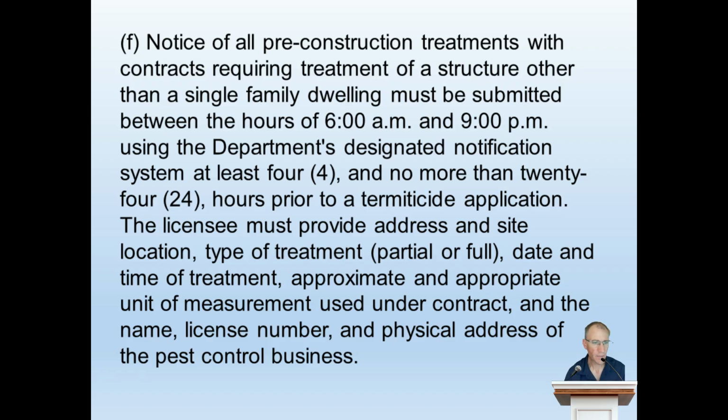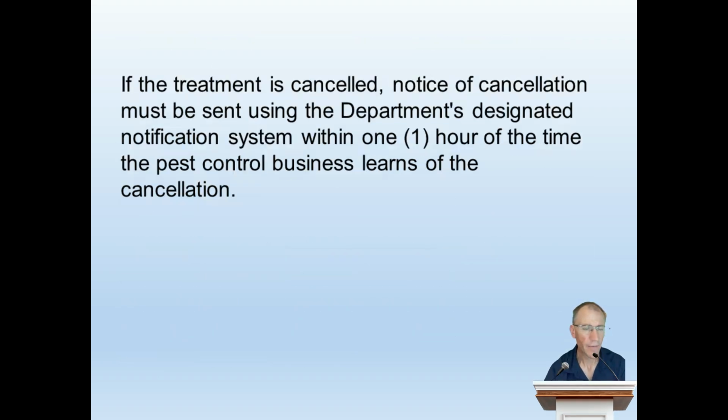The licensee must provide address and site location, type of treatment, partial or full, date and time of treatment, approximate and appropriate unit of measurement used under contract, and the name, license number, and physical address of the pest control business. If the treatment is canceled, notice of cancellation must be sent using the department's designated notification system within 1 hour of the time the pest control business learns of the cancellation.